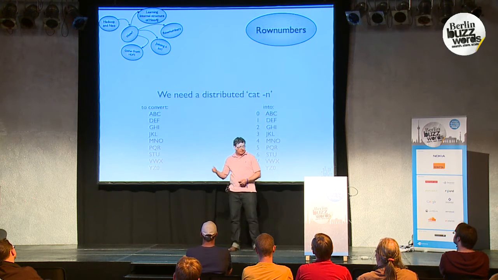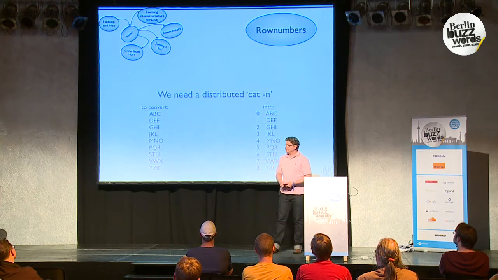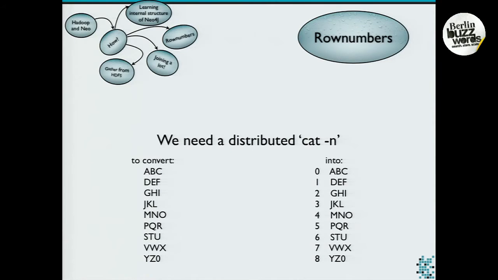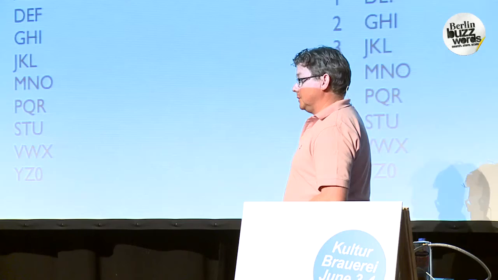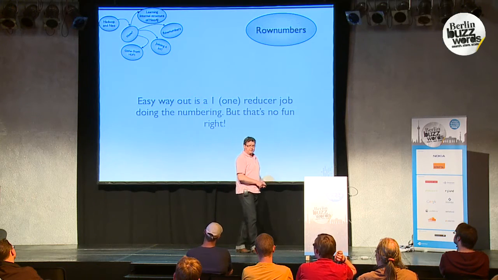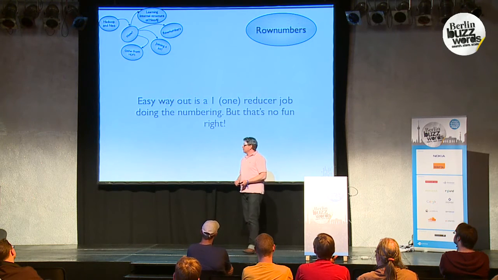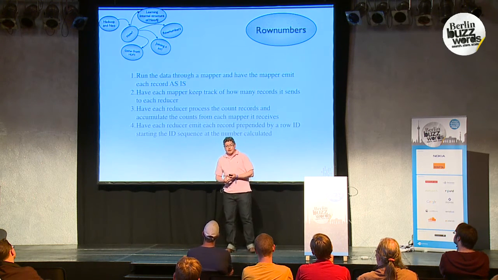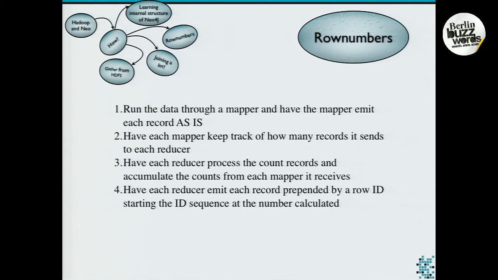So we could convert the input data on the left and put the row number in front of it. We wanted to do that with our Hadoop cluster, and the easy way out is doing it with one reducer at the end, which puts in the numbering, but that's not fun, right? So we did it in a real distributed way, where the mappers emit the records as is, and have access to the hashing algorithm, so the mapper knows to which reducer the data is going, and it can increment a counter for that reducer.